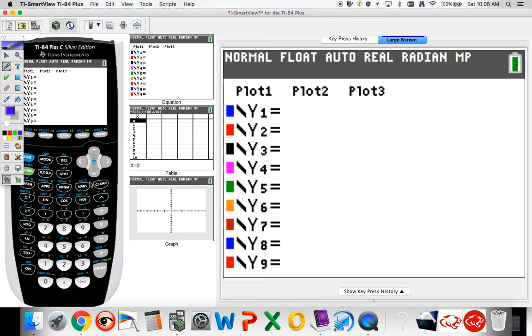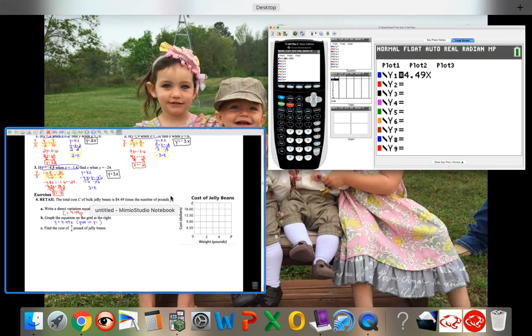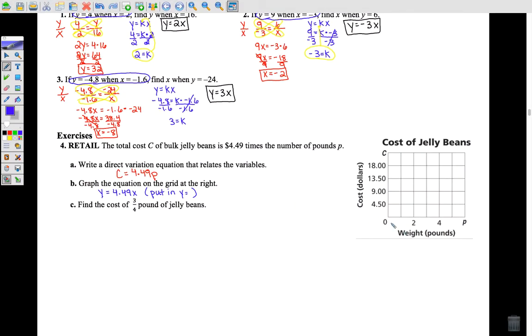So calculator, y equals, we have 4.49, and don't forget your x. Okay, and if you look at our table, we're going from 0, and I can go ahead and fill this in. Here's 1, 2, 3, 4, 5.